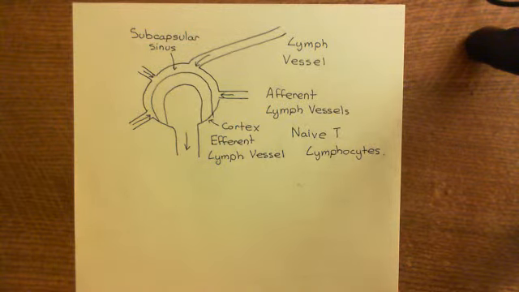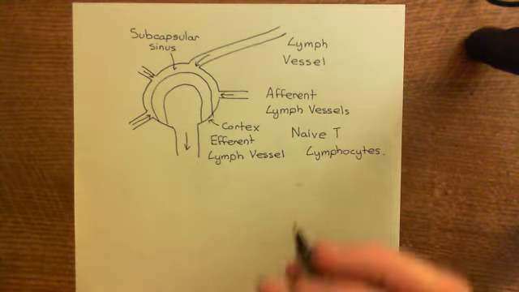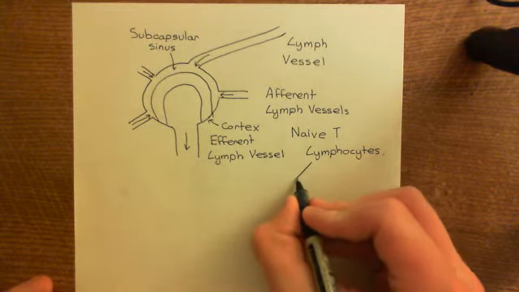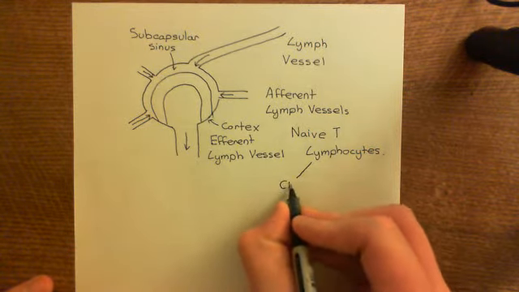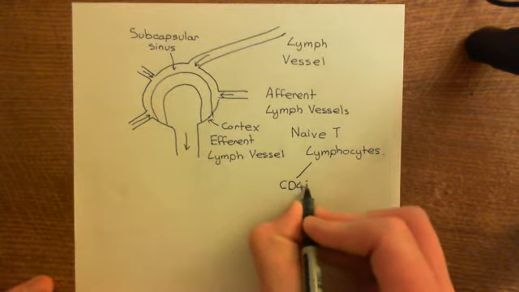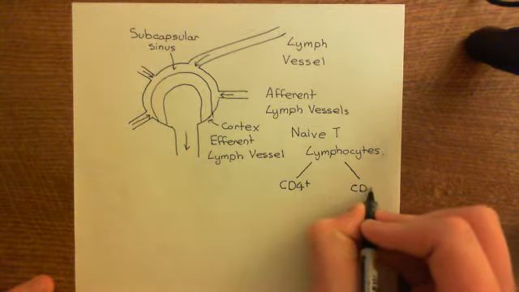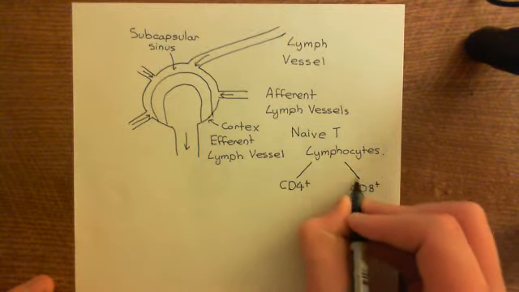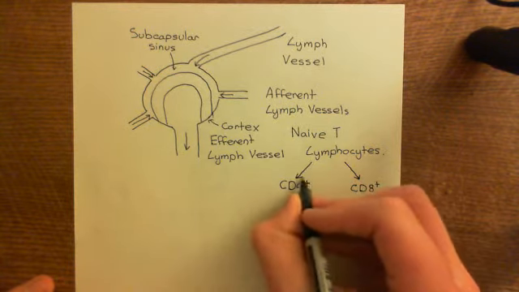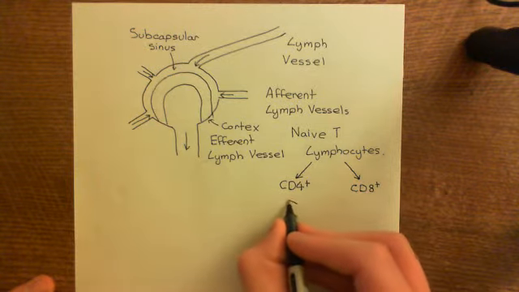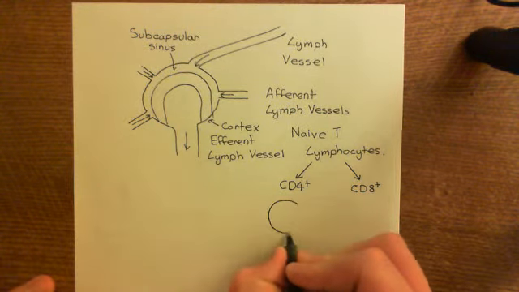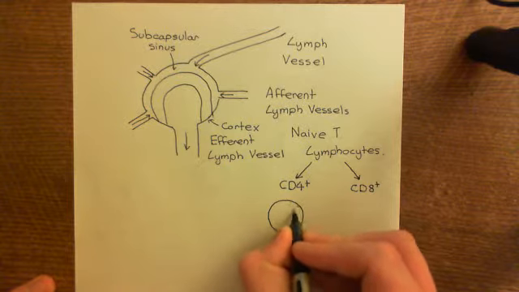Now there are two main divisions of naive T lymphocytes. There are two main populations. There are the CD4 positive naive T lymphocytes, and there are also the CD8 positive naive T lymphocytes. Let me divide these two up. CD4 positive naive T lymphocytes look like this.